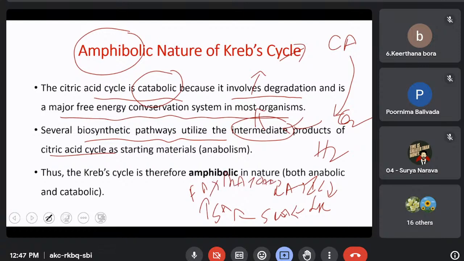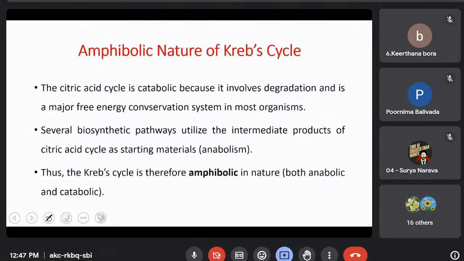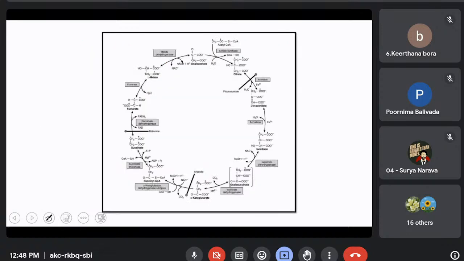These products are utilized for the synthesis of other substances in other metabolic activity. So synthesis is anabolism, degradation is catabolism. Because both occur in Krebs cycle, it is called amphibolic pathway; amphi means both, since both anabolic and catabolic reactions occur here.